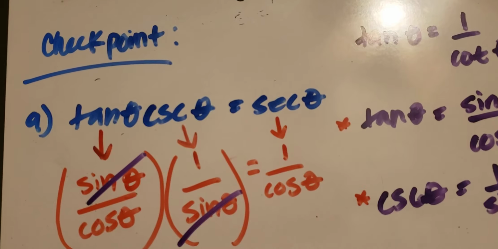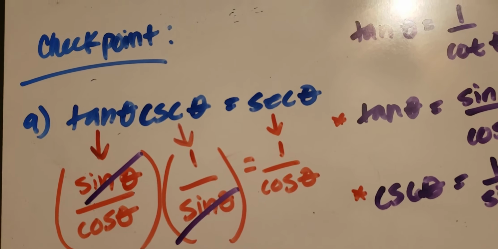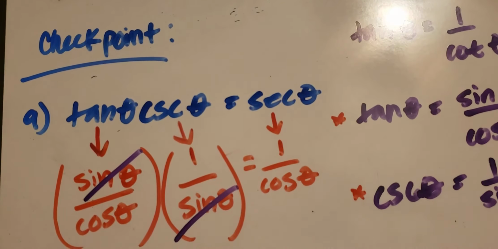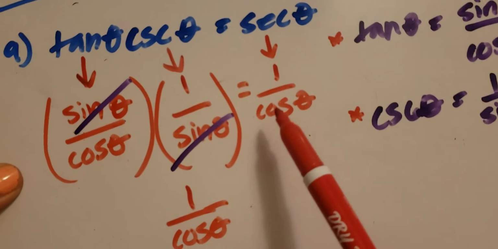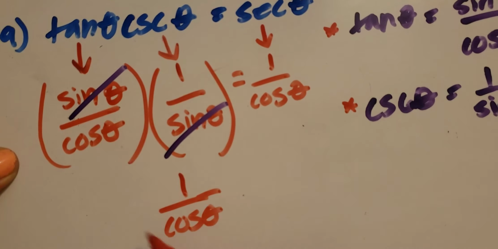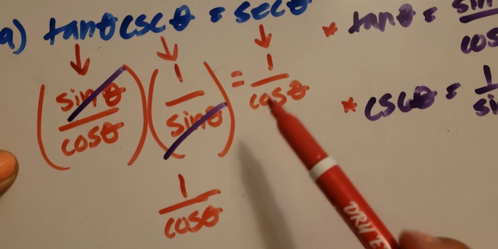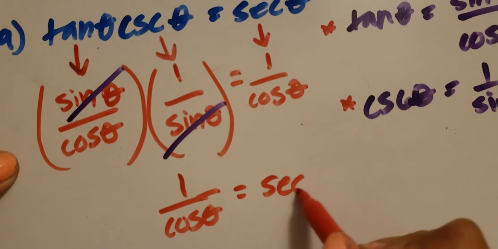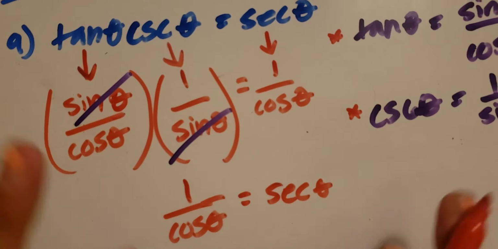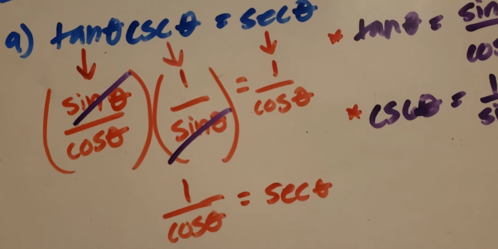So you're actually left with 1 over cosine theta, which is secant theta, the same as 1 over cosine theta. So now you managed to get the left-hand side to equal the right-hand side. And that's it. It's just a matter of playing with your trig identities.